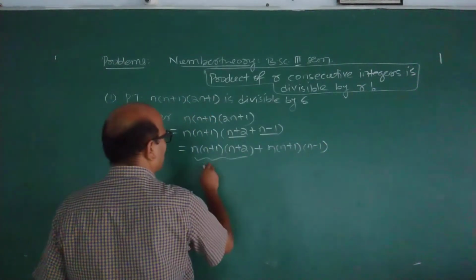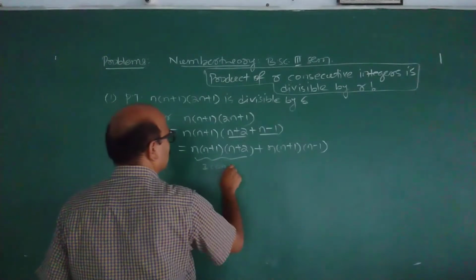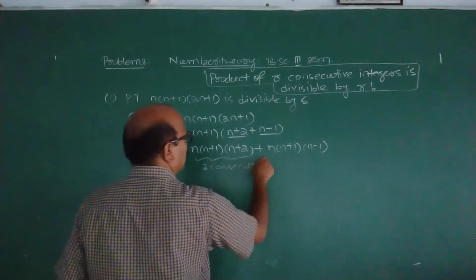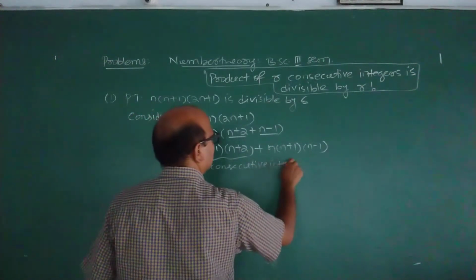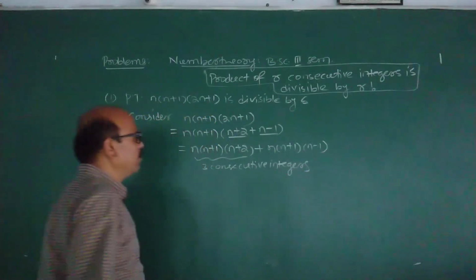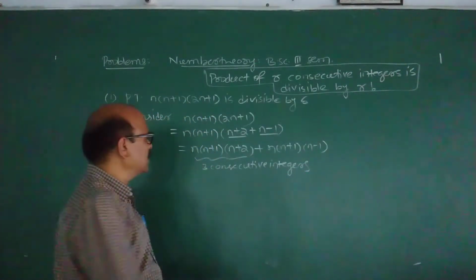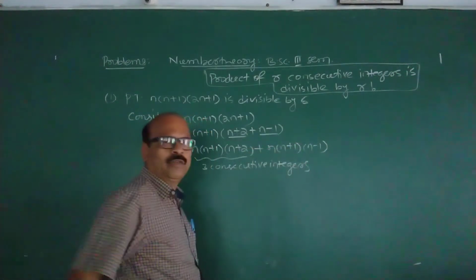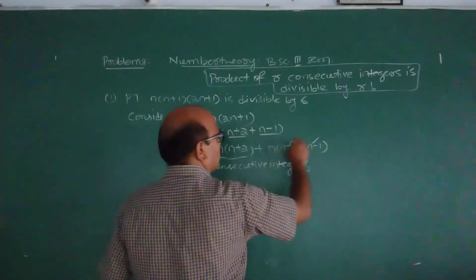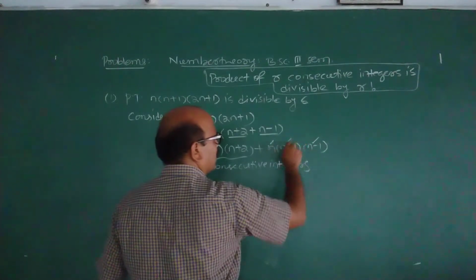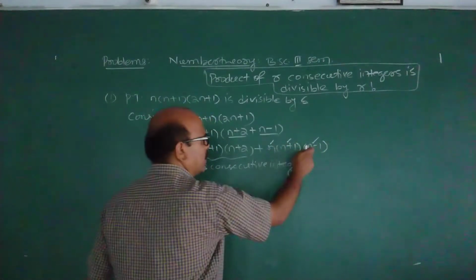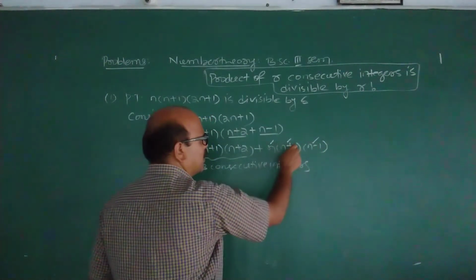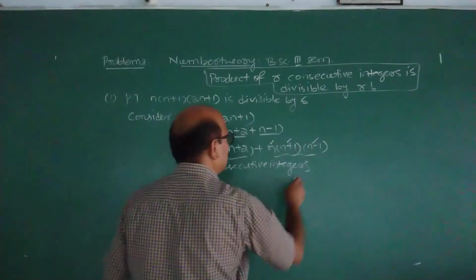Now this is a product of three consecutive integers. These are also consecutive integers, because n minus 1, n, n plus 1 are in this order. These are also a product of three consecutive integers.